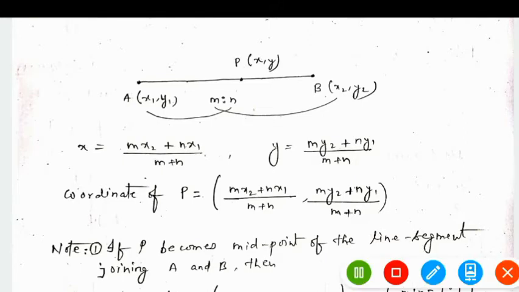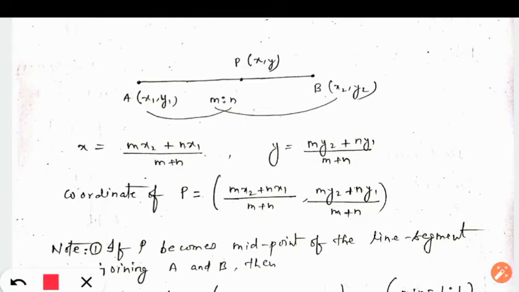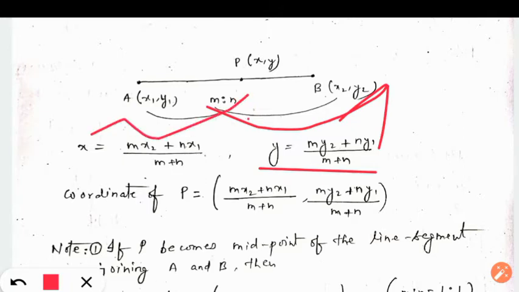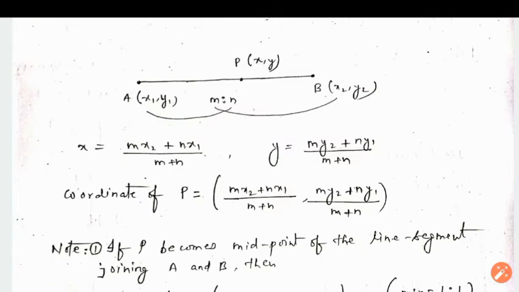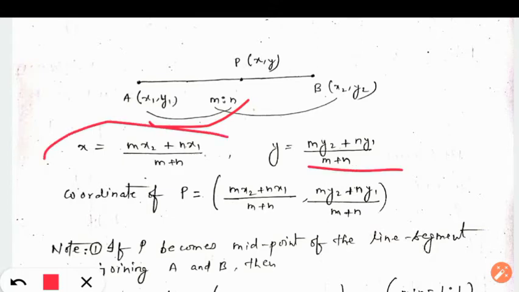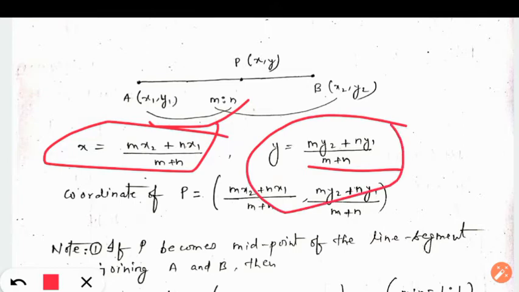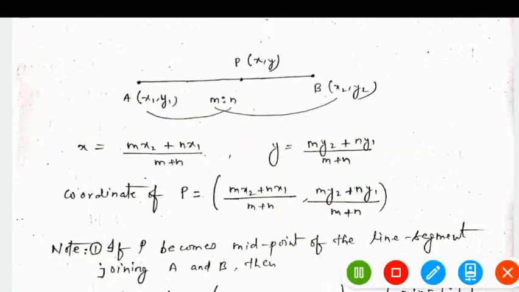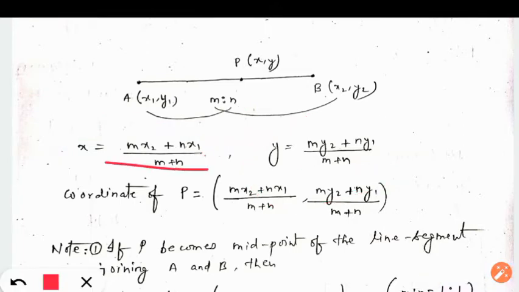Similarly, to find the y part of P or ordinate of P, m will multiply with the y part of B and n will multiply with the y part of A. So we will get (m y2 plus n y1) divided by the sum of the ratio. So this is the x part of P and this is the y part of P. So what will be the coordinate of P then? This comma this.